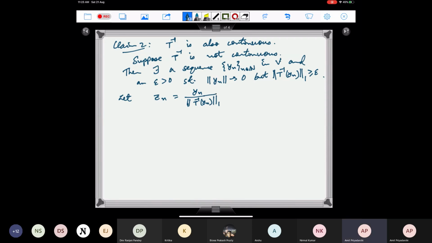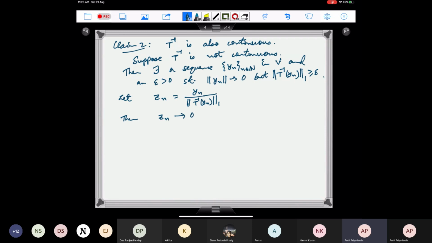We know that this norm of T inverse yn is strictly positive, so I divide by it. Then zn will converge to 0.